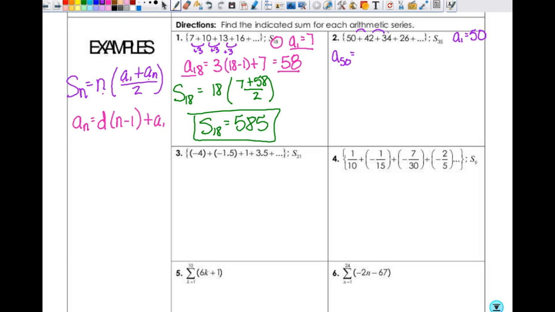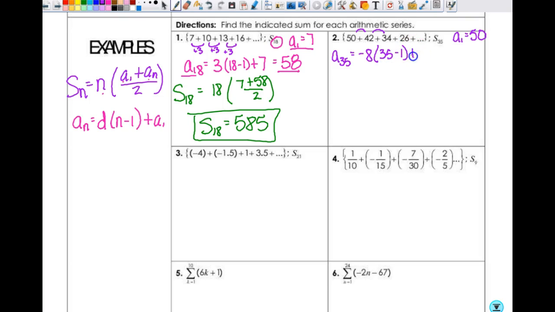What's your common difference on this one? Good. Negative 8. Which one? The one you're supposed to be doing. Why am I finding A of 50? Oh my gosh. I don't want A of 50. 35 is what I meant to do.